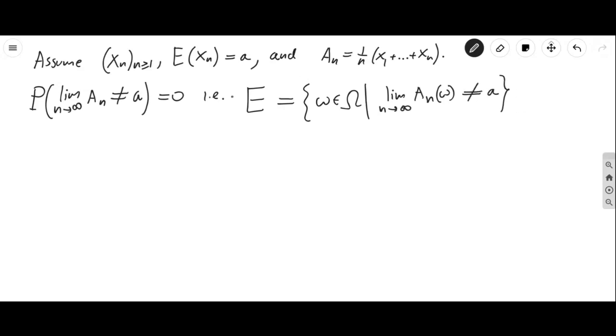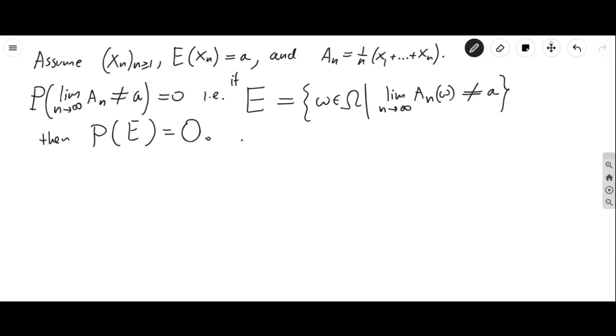So if we define an event, a little bit unfortunate, there is an e over here and there is an e over there, but we can tell them apart. So this is going to be our E, then the probability of that event occurs with probability 0. So that's what we're assuming. We are assuming the strong law of large numbers.